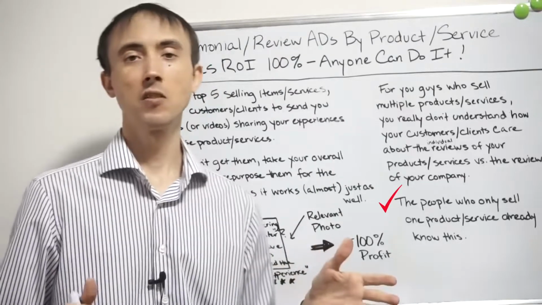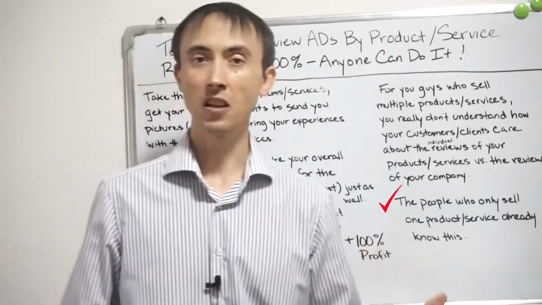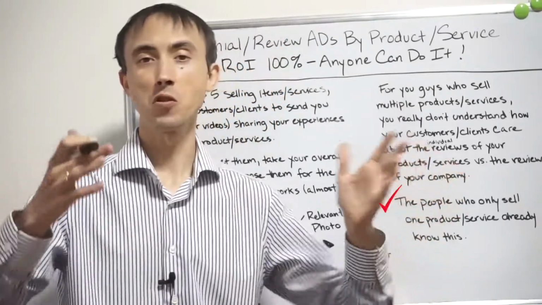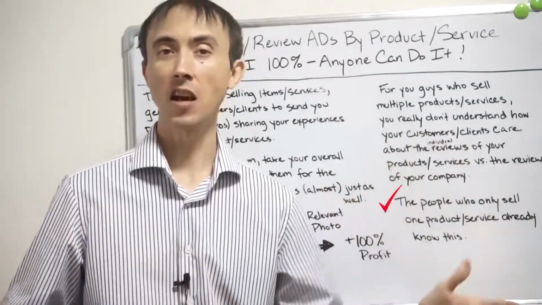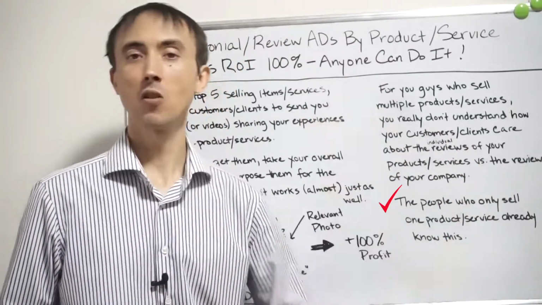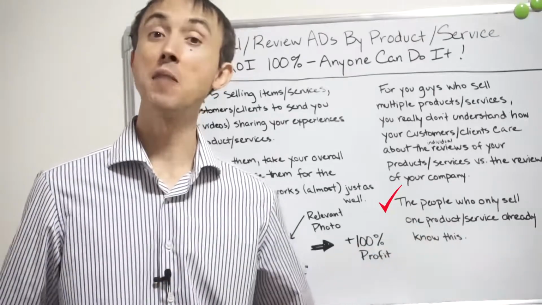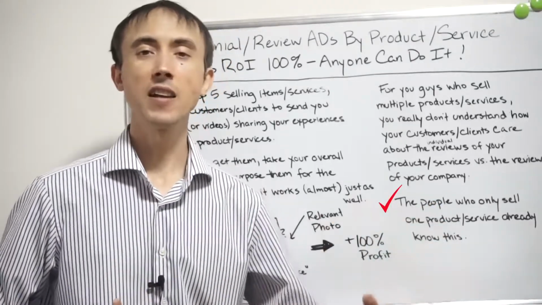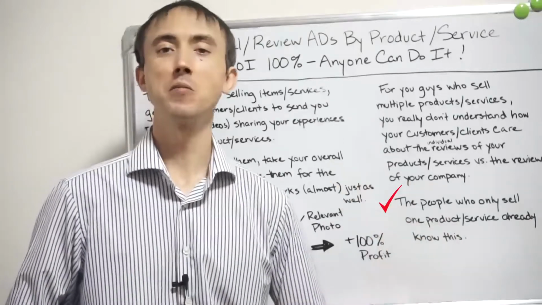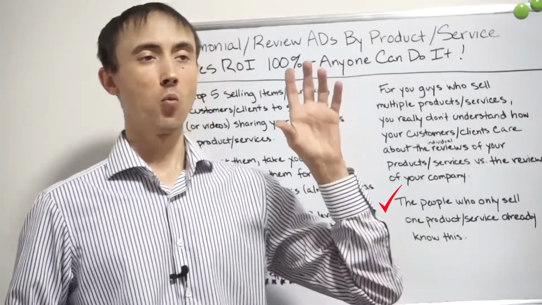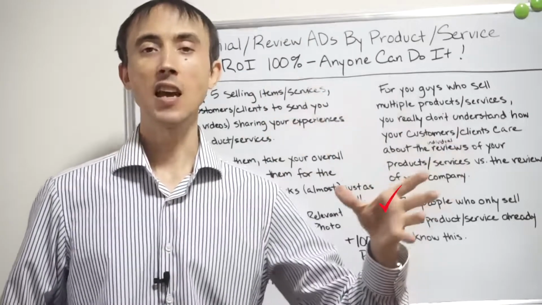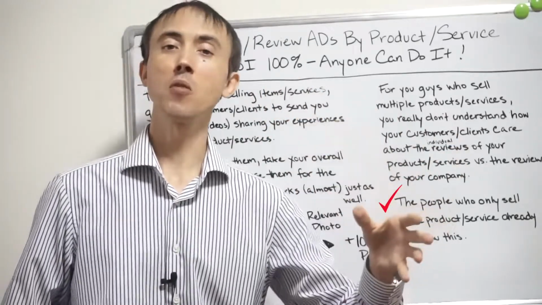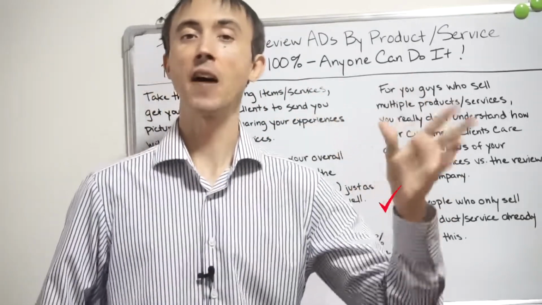Assuming you have your Google Analytics tracking set up, or just go into your Shopify backend or whatever, or your QuickBooks, you can definitely find out, out of the 100 items you sell, which are the top. I say 80-20, but more so what I'm talking about here is the 95-5 rule.